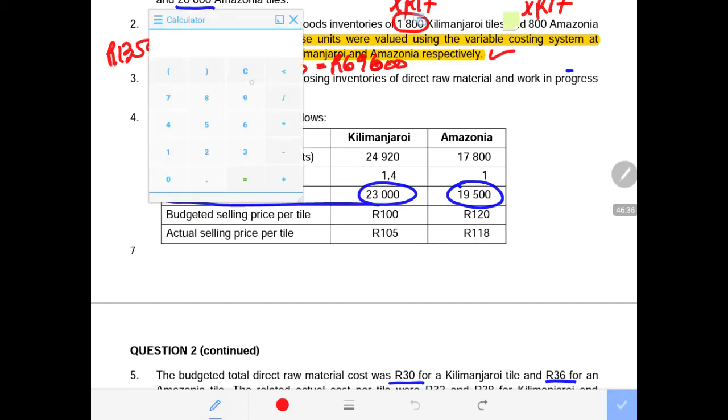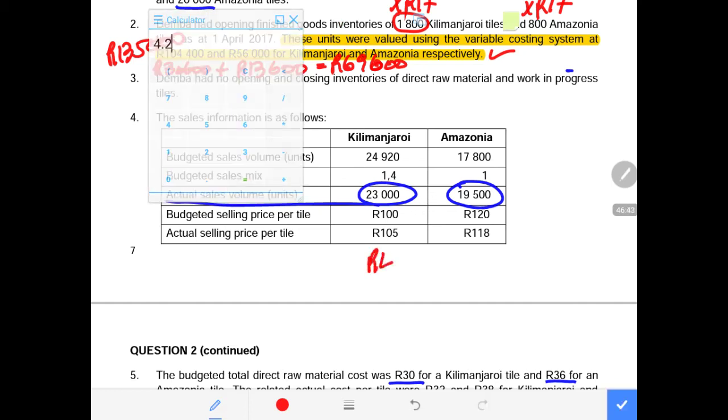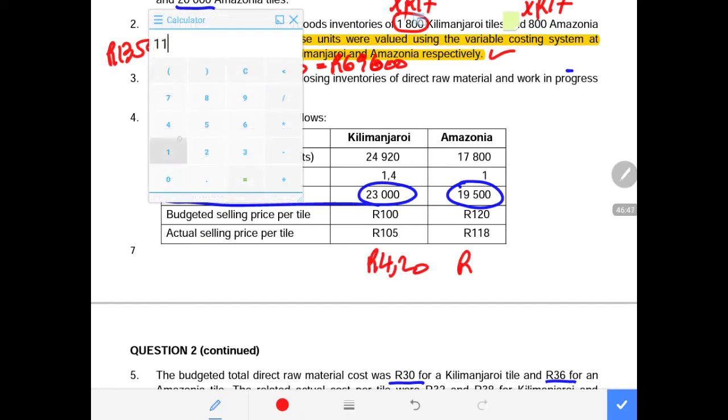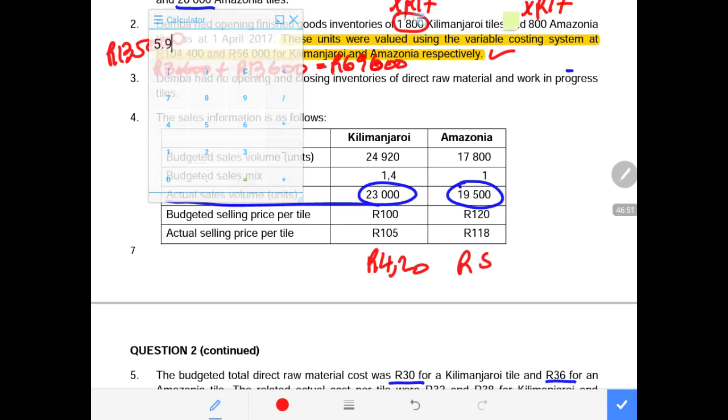Let me calculate that immediately. 105 multiplied by 0.04, I get 4 rand 20 cents, and for this one, 118 multiplied by 0.05, I get 5 rand 90 cents. That should be very clear in terms of how this calculation is done.